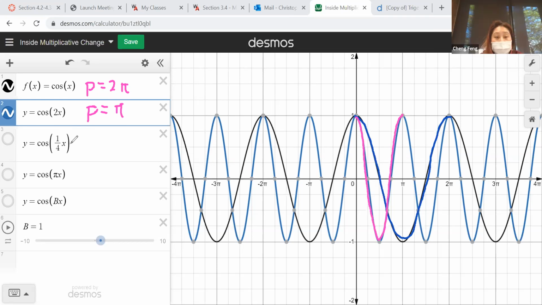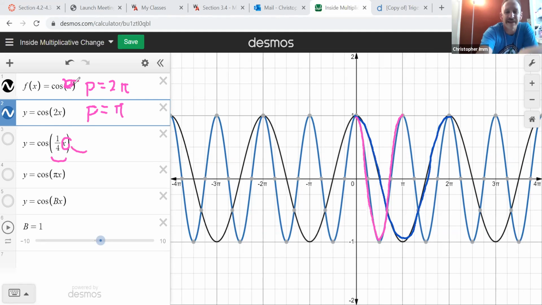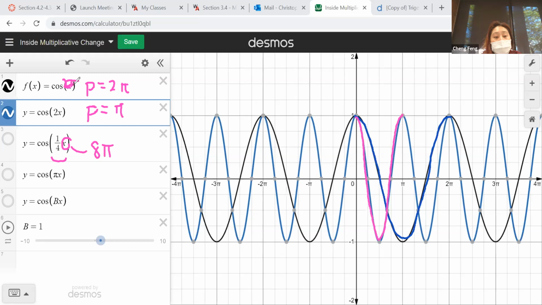If I plug in 2 pi here, what do I have to plug in for x to get 2 pi for this whole thing? What about 2 pi times 4? What about 8 pi? So if I plug in 8 pi, 8 pi over 4 is going to be 2 pi, right?